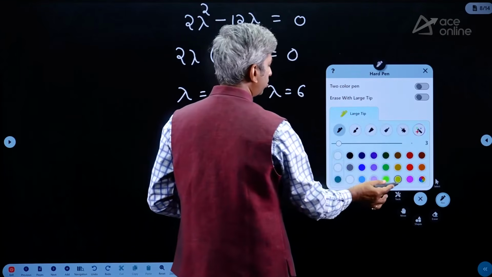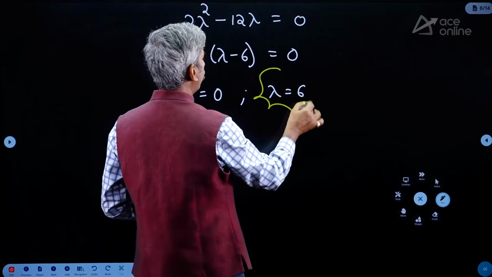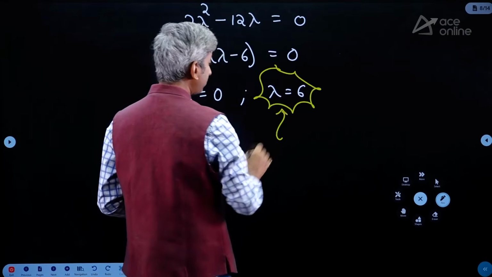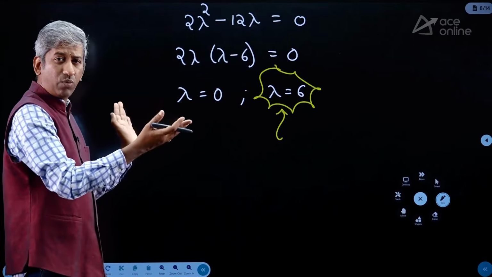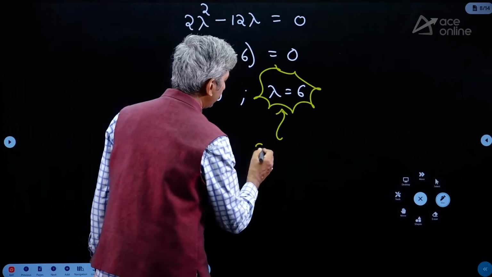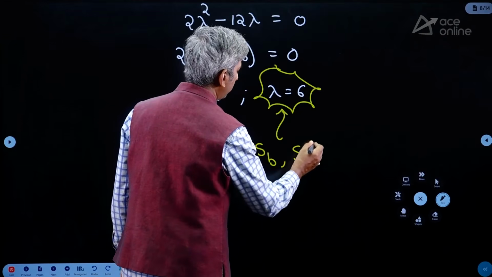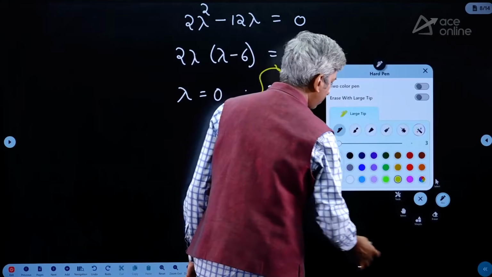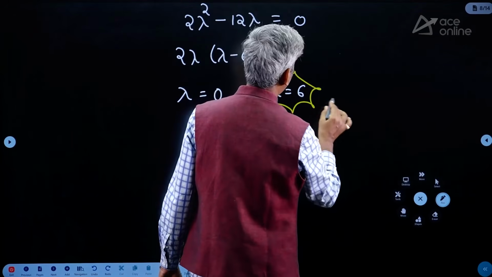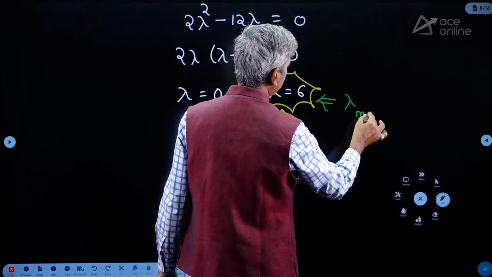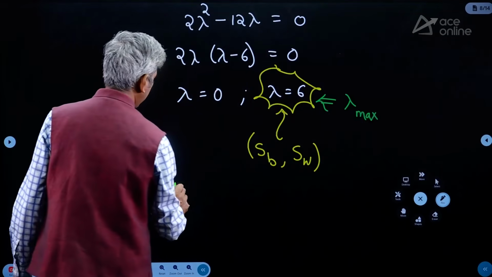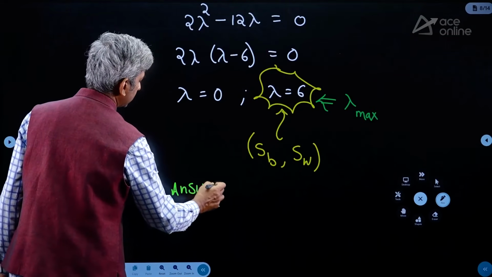The maximum separation will be obtained in the direction of the maximum lambda, so the maximum discrimination power is at lambda maximum, which is 6 for this given SB, SW. This is your lambda max value, and we need that value here. So the correct answer is 6.